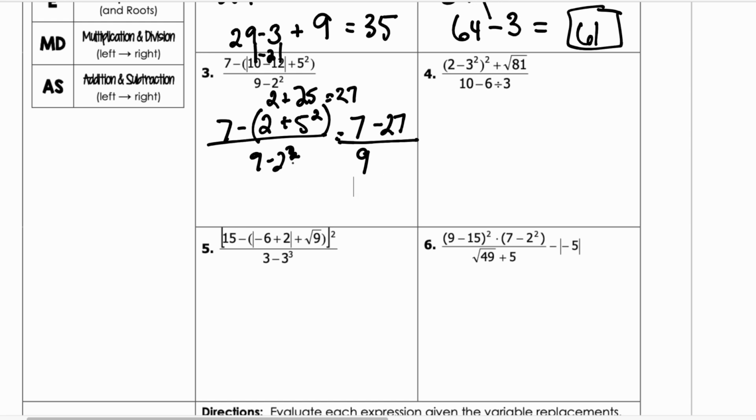Now I can handle this. 2 to the power of 2 is 4. It's going to be minus 4. So 7 minus 27 is going to be negative 20, right? We keep the negative symbol since the 27 is larger. And then 9 minus 4 is 5. So now I have an answer of negative 4.